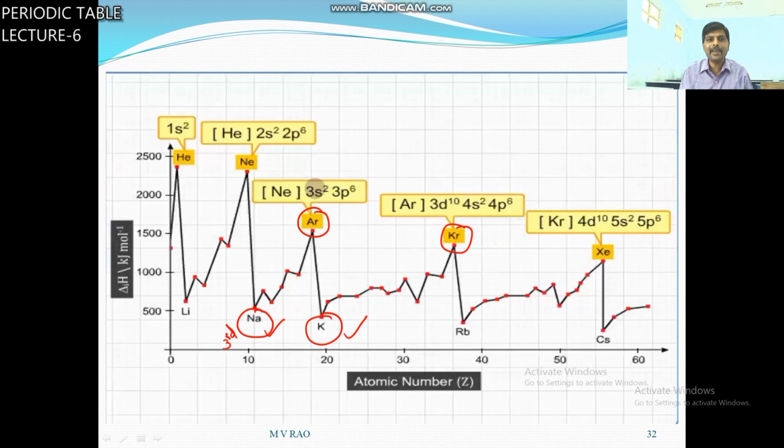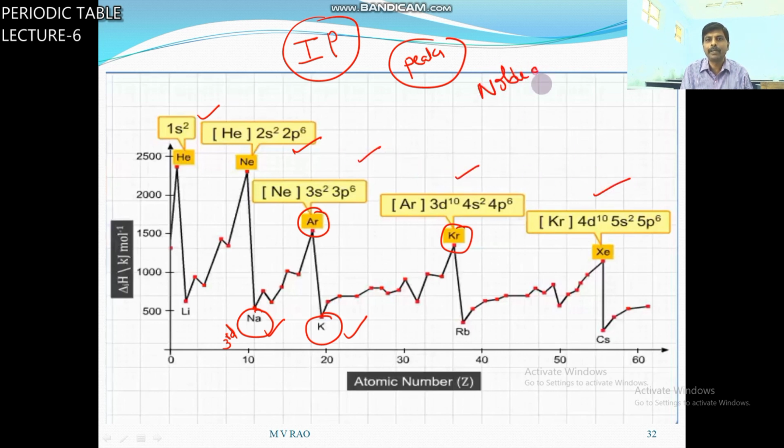So in the IP curve, peaks are occupied by helium, neon, argon, krypton, xenon. That means noble gases occupy the peaks of the ionization potential curve. The bottoms are occupied by the alkali metals.